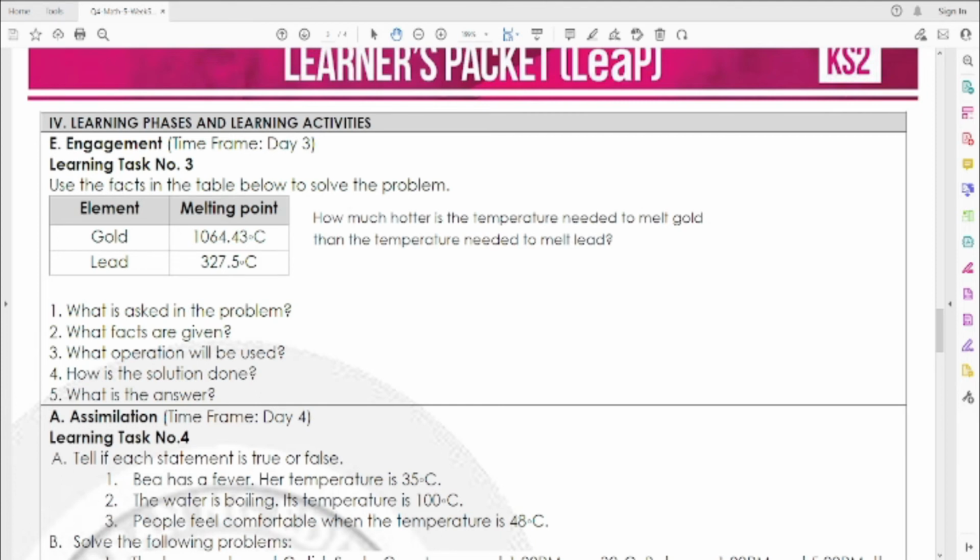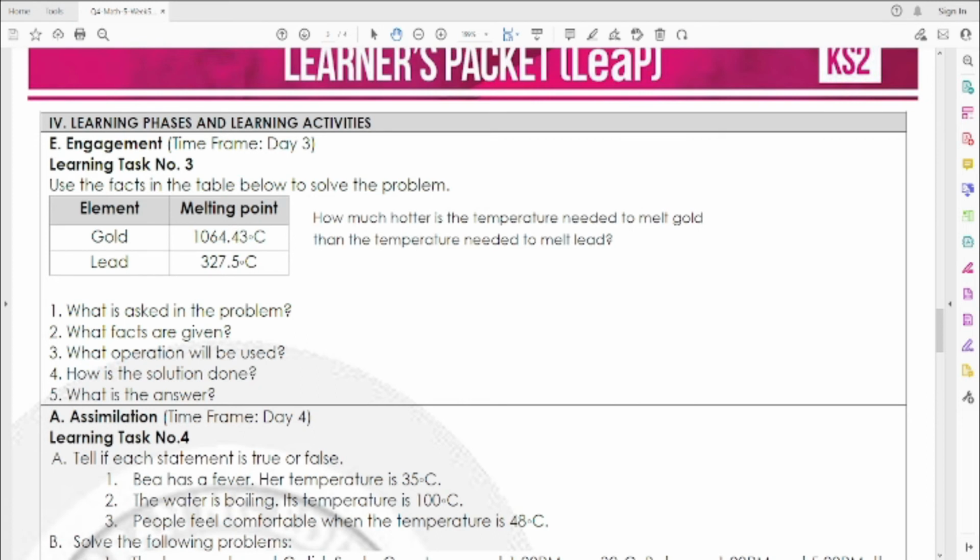You can melt the lead element at 327.5 degrees Celsius. Here is the question: how much hotter is the temperature needed to melt gold than the temperature needed to melt lead?